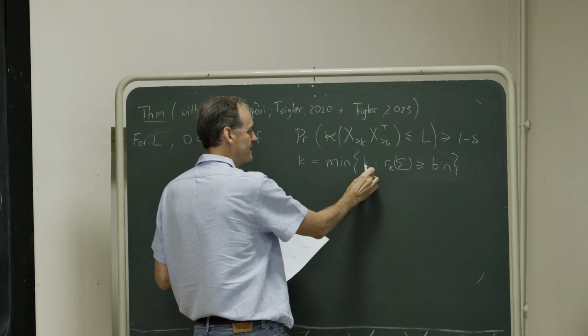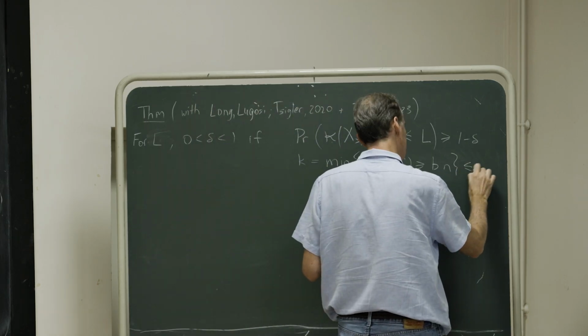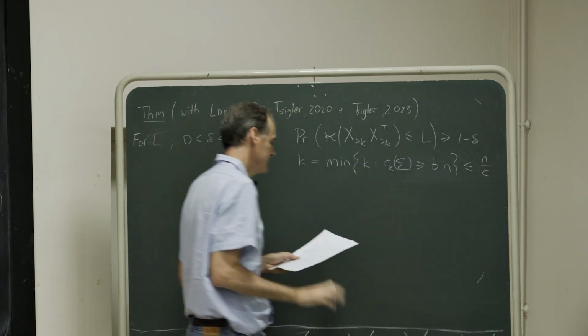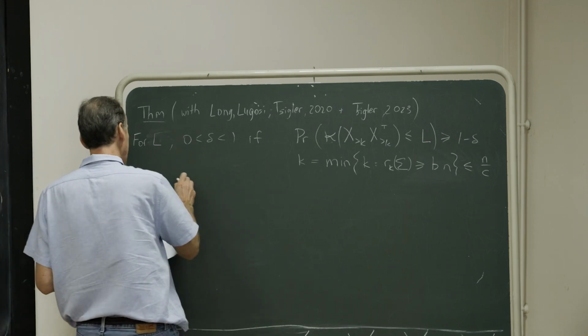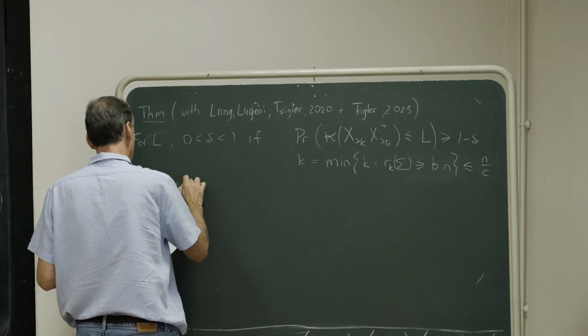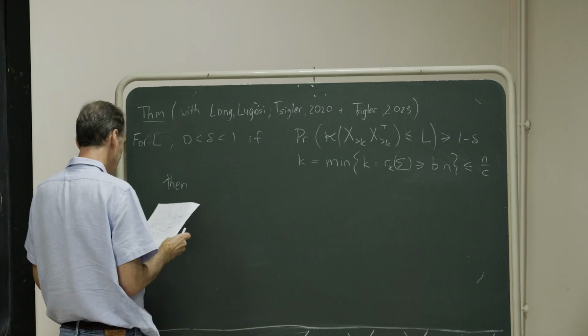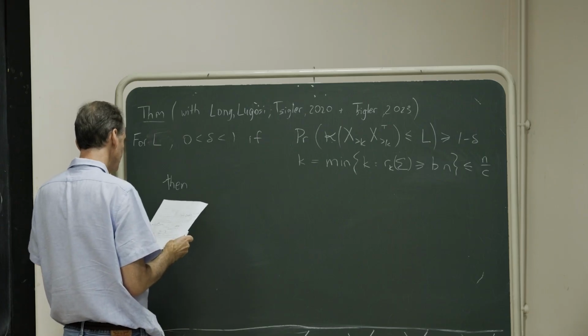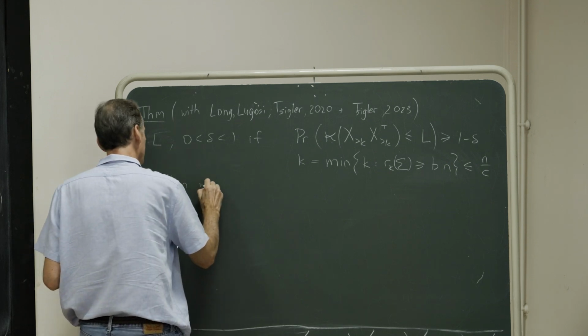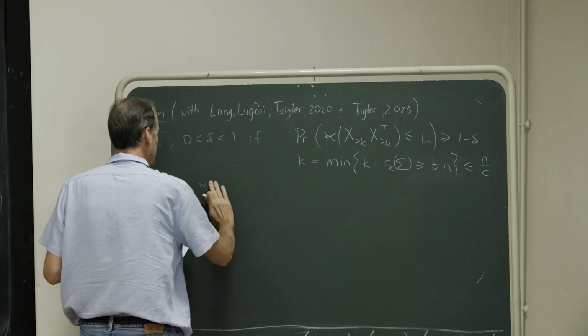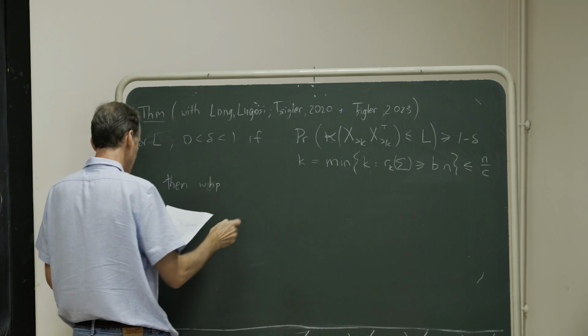And let's pick the smallest k and insist that that's small compared to n. Then, I've missed a probability statement, then with high probability, I'll be vague.